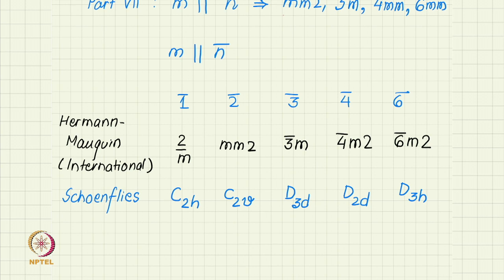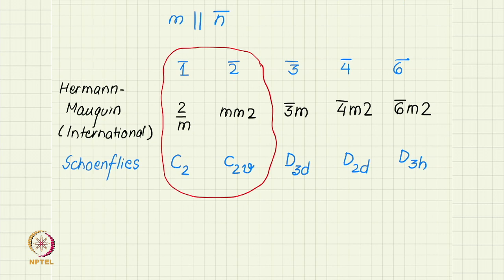So, the first two cases we have already handled in our previous development in a different way. 2 by m we considered as a combination of a mirror plane perpendicular to a two-fold axis, whereas mm2 we looked at as a mirror plane parallel to the two-fold axis.